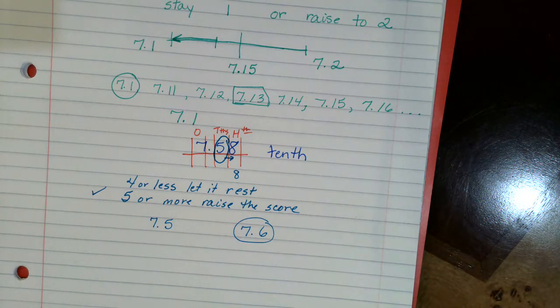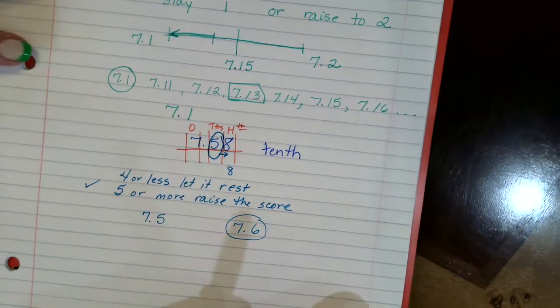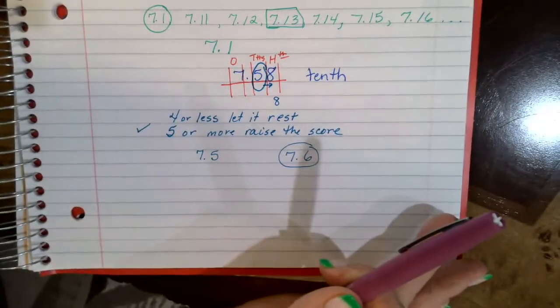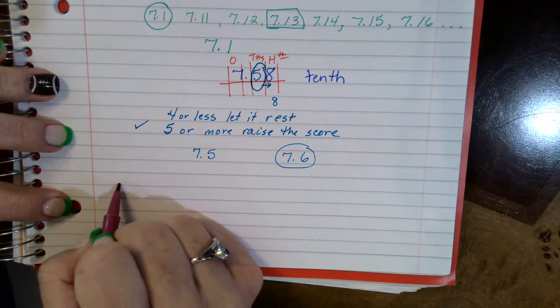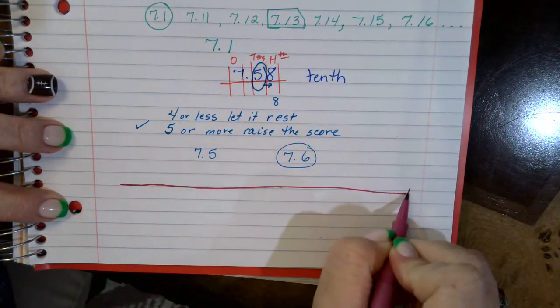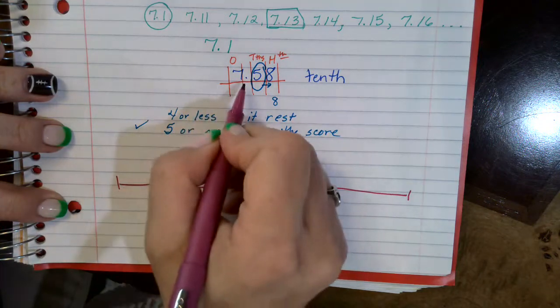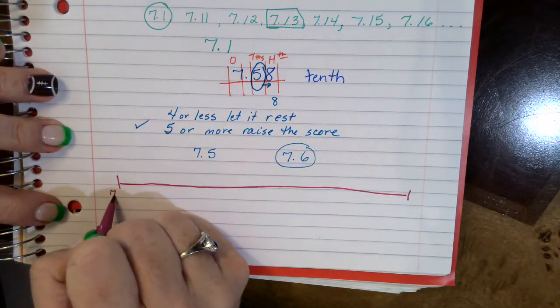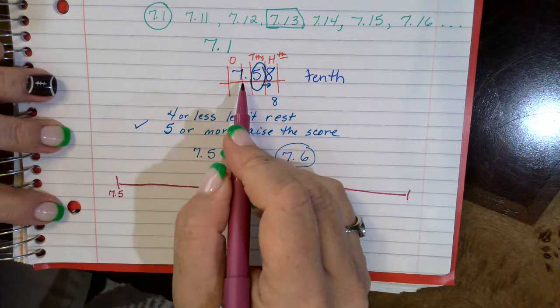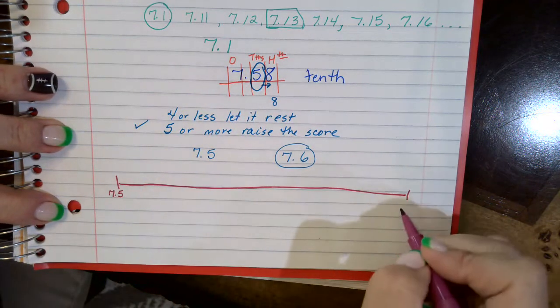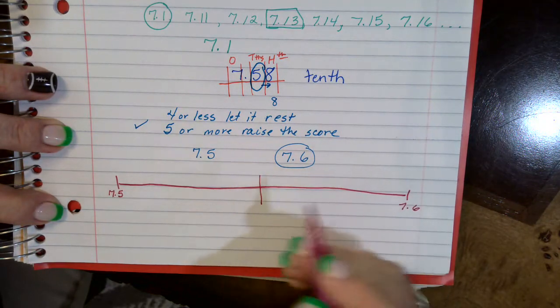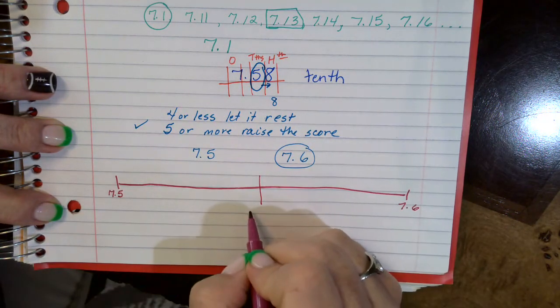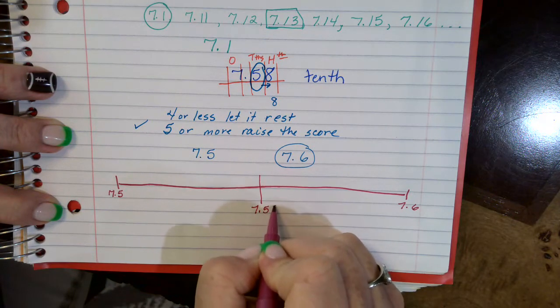The way this would look on a number line if you chose to use a number line to solve it. Again, you're going to have your numbers listed right here. The first tenth is going to be the one that's in our number, which is 7.5. The next tenth, which is one up, is going to be 7.6. In the middle of 7.5 and 7.6 is 7.55.